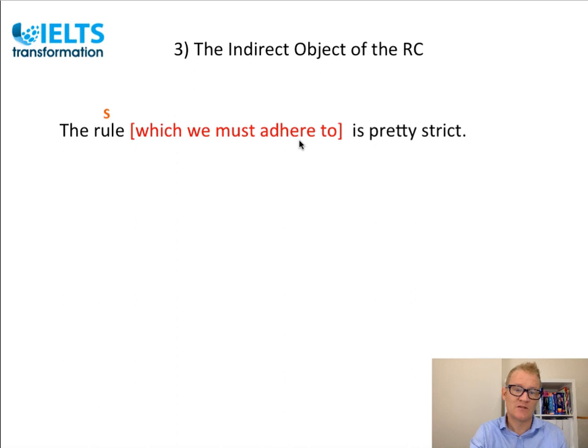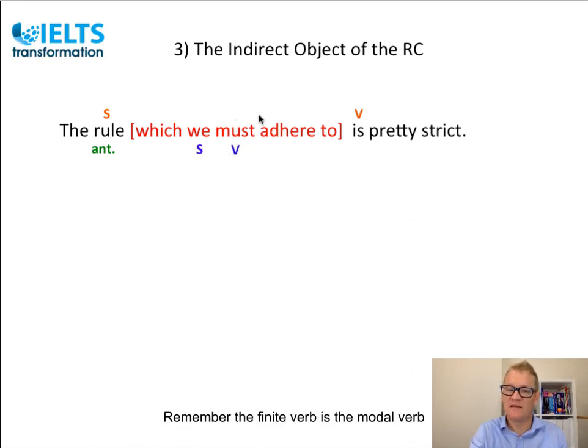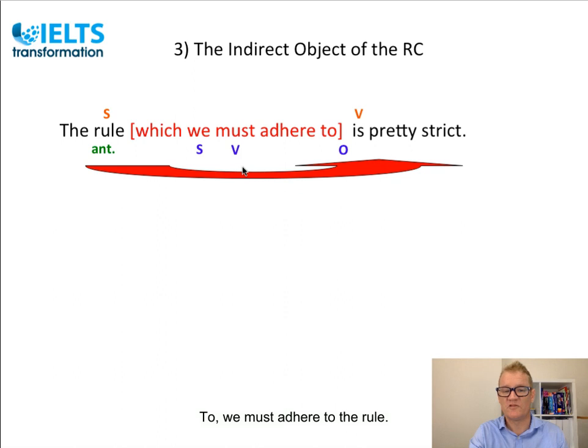Okay, same idea here. The rule is pretty strict. Which rule? The rule which we must adhere to. The rule is the antecedent. We are describing it. Subject, finite verb. Remember, the finite verb is the modal verb in this case, the auxiliary. We must adhere to the rule.